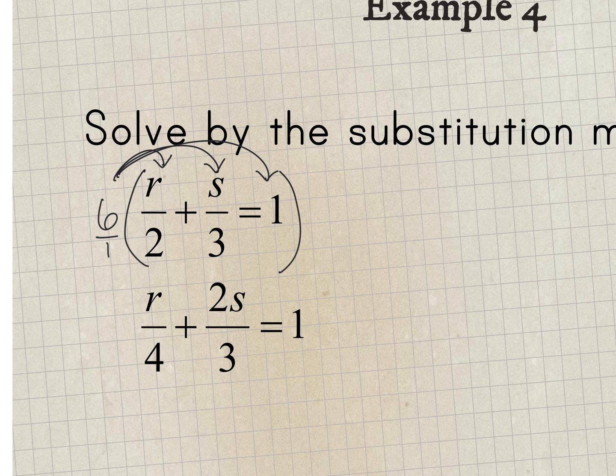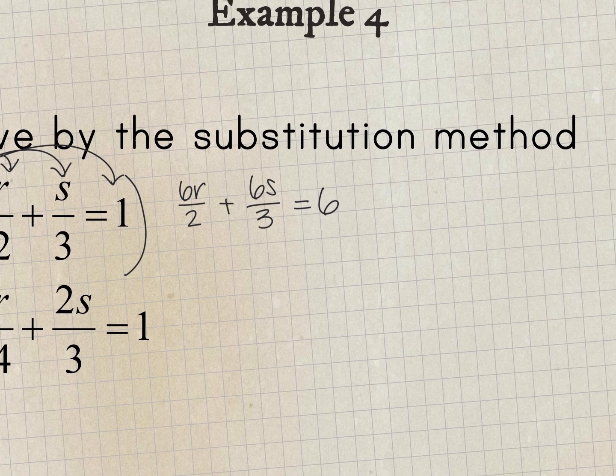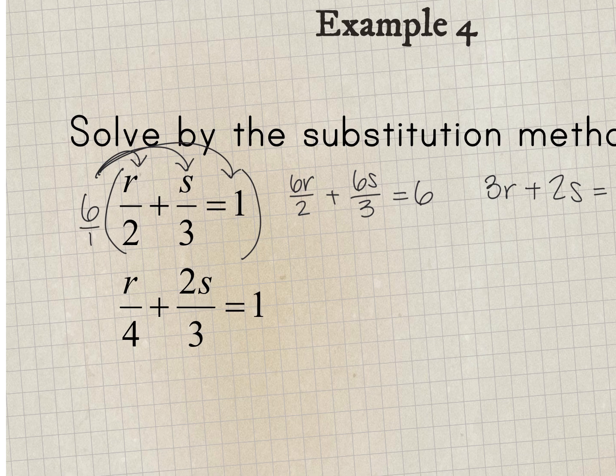So now I'm going to have 6r over 2 plus 6s over 3 equals 6. Can I simplify these fractions? I could simplify them now to whole numbers, right? So I can go ahead and simplify this one to 3r plus 2s equals 6. And I'm going to do the same thing for the bottom one.